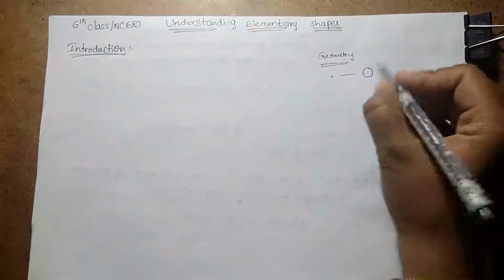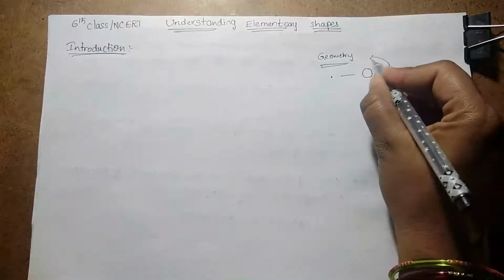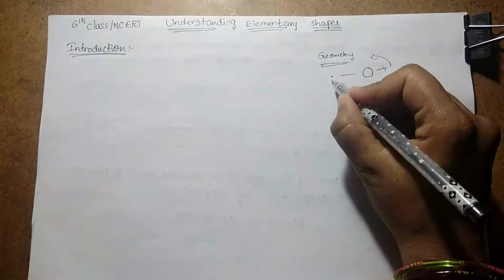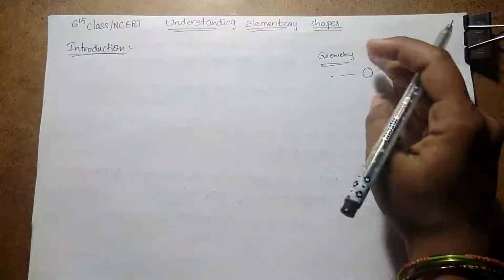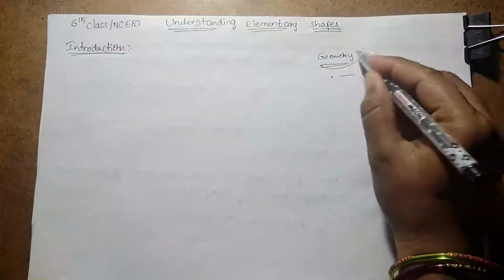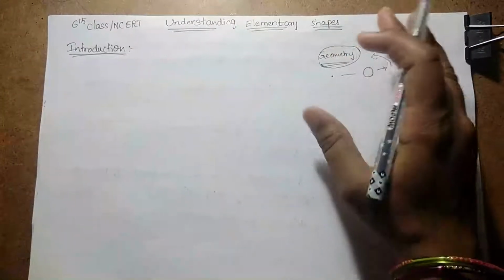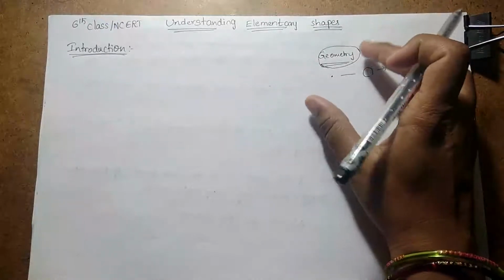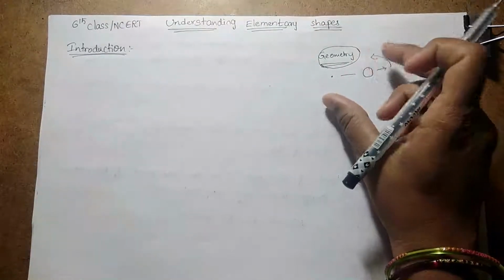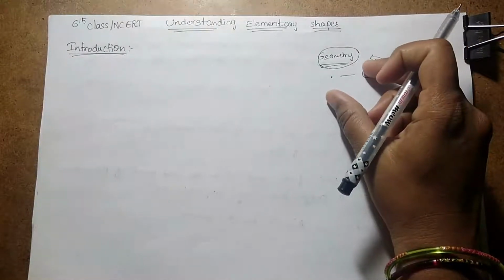This is geometric only because we have points and measurements, area, lengths, breadths, etc. Rather than geometry, we also have a formulaic way. But in geometry, we have picturization, that means visualization of shapes.